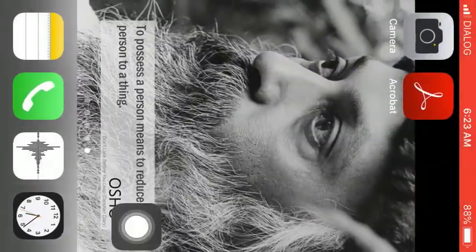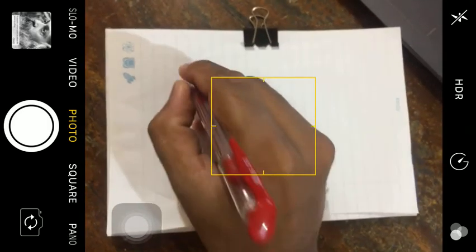So if we are to represent it, right now the wave is like this.